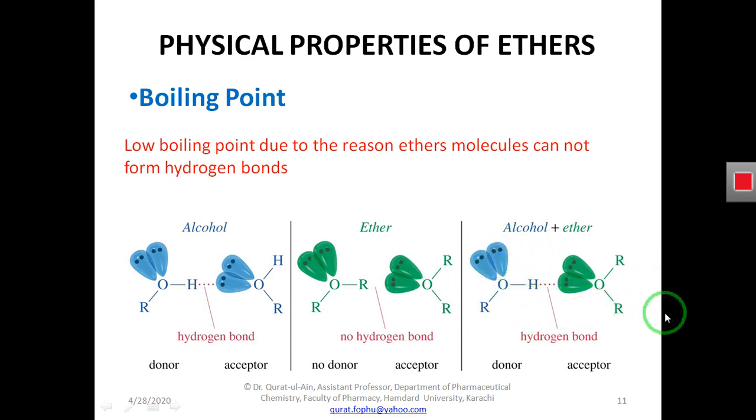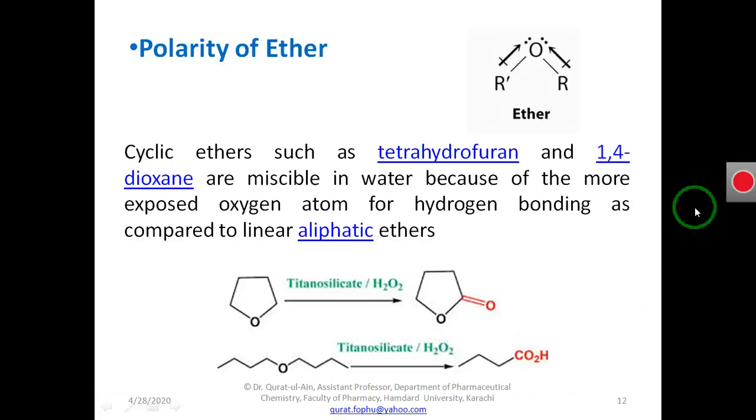So due to this reason the ether molecule has a lower boiling point, because when there is hydrogen bonding, a high amount of energy has to be consumed to break the bond. As there is no hydrogen bonding in ether molecules, they can be easily broken, and they do not require a high amount of energy.